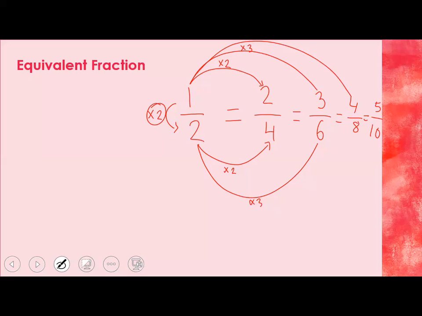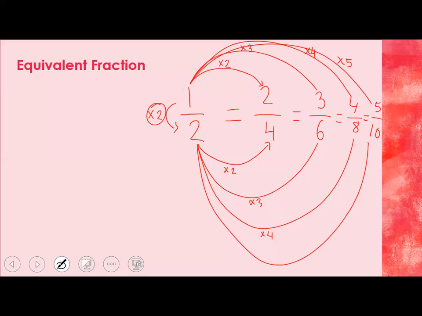Moving on. What have I done to get from 1 to 4? Well, I've multiplied by 4. Have I done the same to my denominator? Yes. And last, to get from 1 to 5, what have I done? Well, I've multiplied by 5. Have I done the same here? Well, yes, I have.